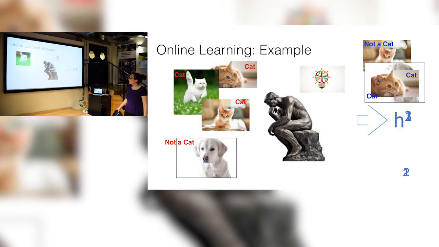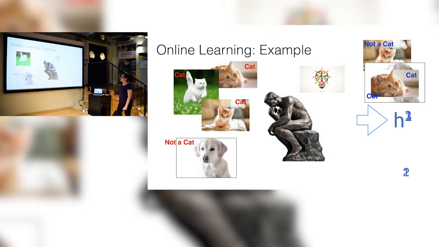For example, we think that a white object is a cat. And then we get some new image, and we say, this thing is a white object, so it must be a cat. And then we are wrong. We get a new label, and the number of mistakes we are making is increased by 1.